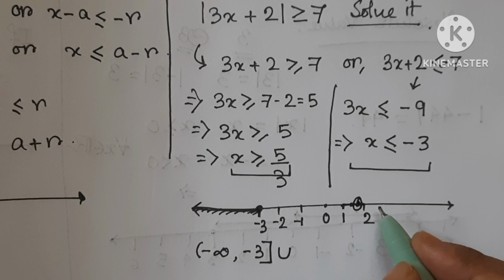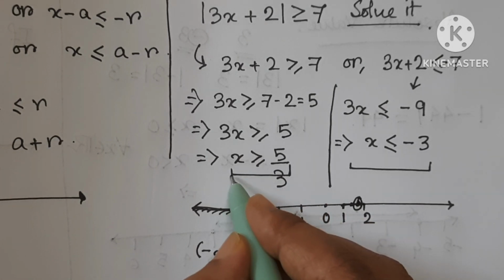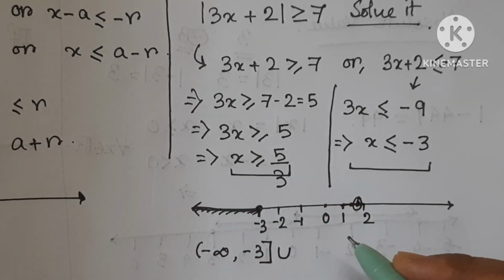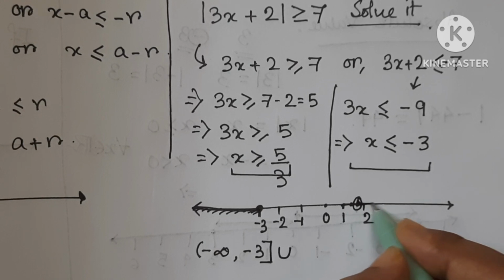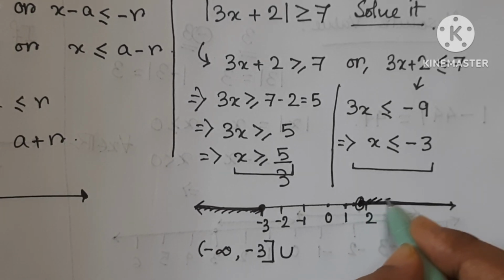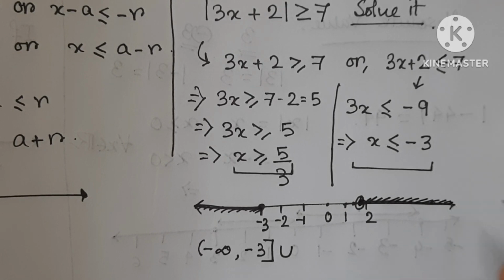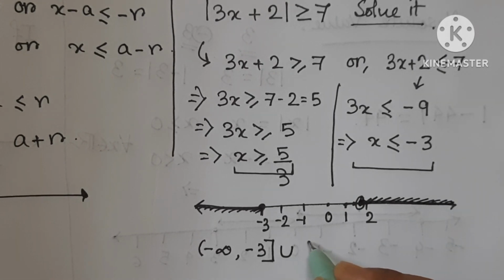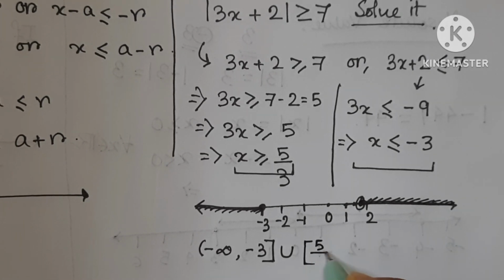And x, see the region, x greater than or equal to 5 by 3, that means this region, so if you write it in interval format, it will be like this.